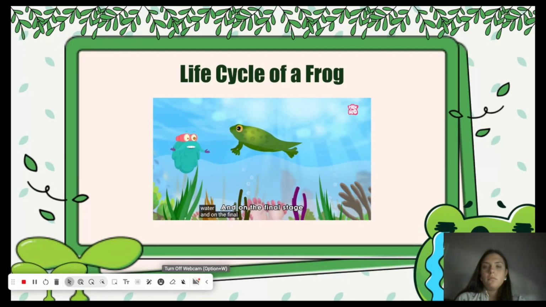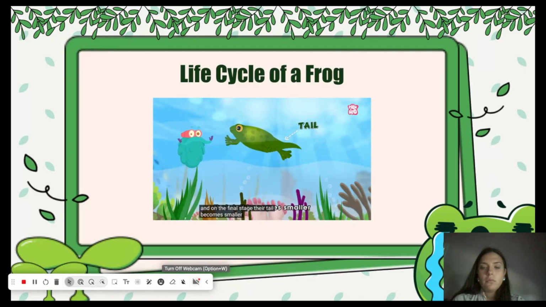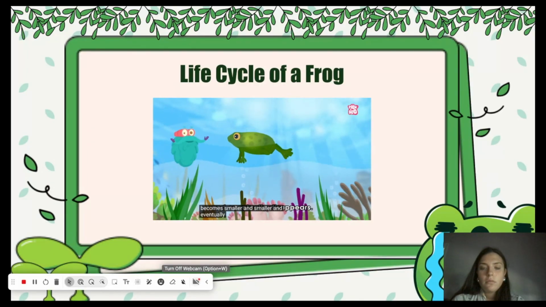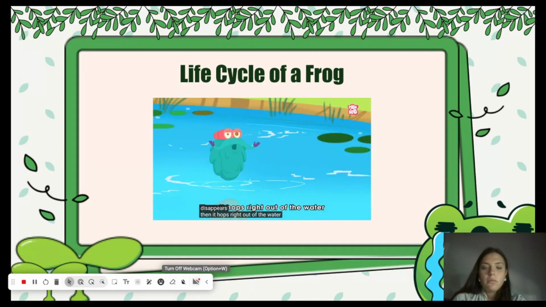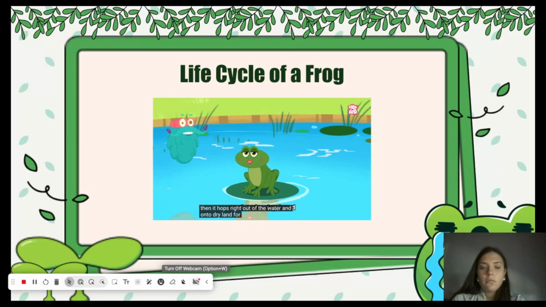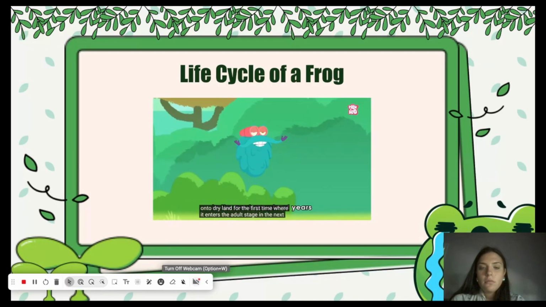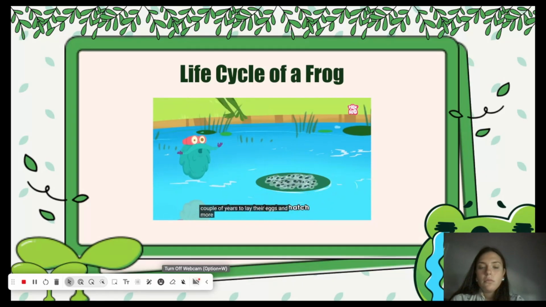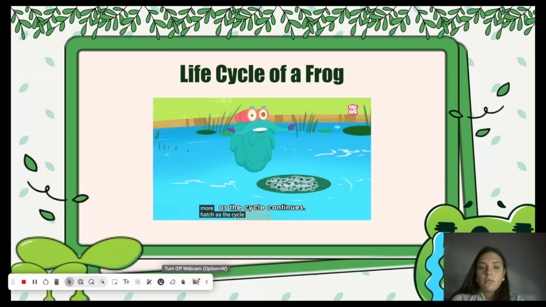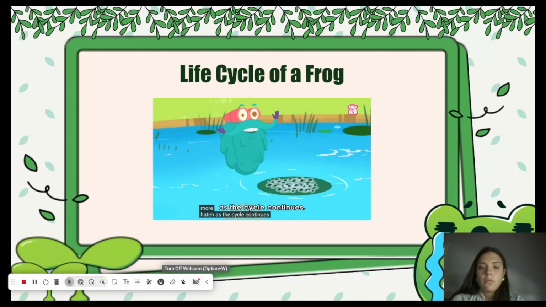And on the final stage, their tail becomes smaller and smaller and eventually disappears. Then it hops right out of the water and onto dry land for the first time, where it enters the adult stage in the next couple of years to lay their eggs, and more tadpoles hatch as the cycle continues.